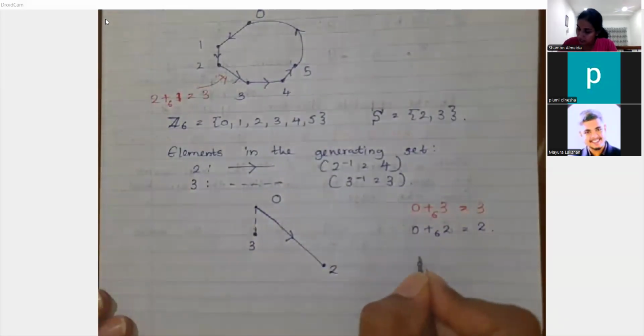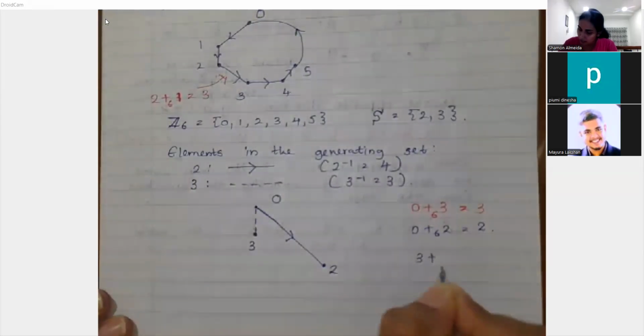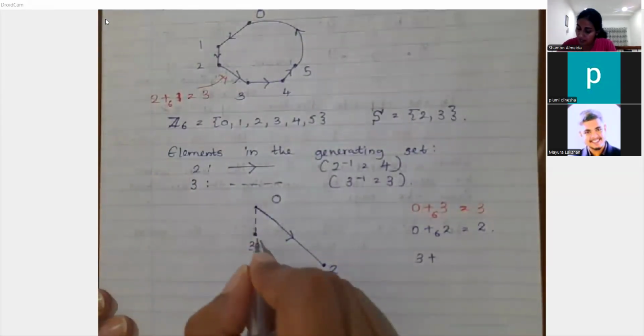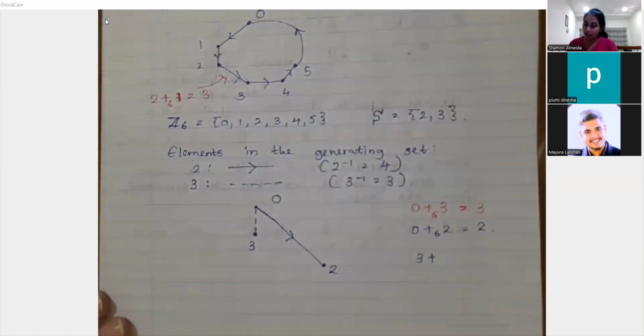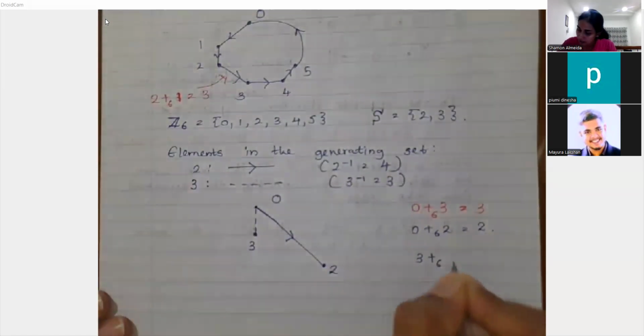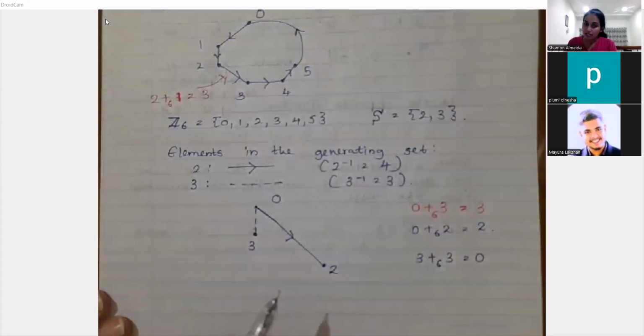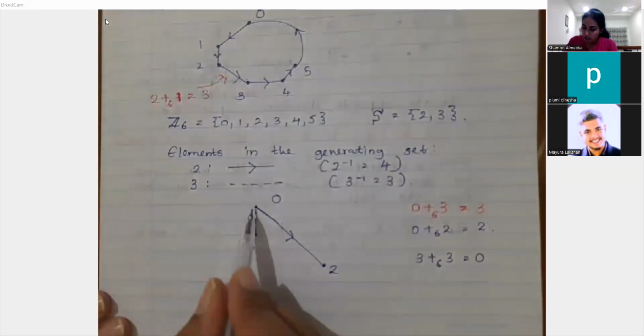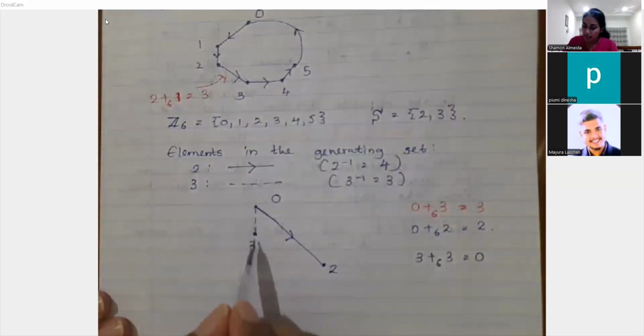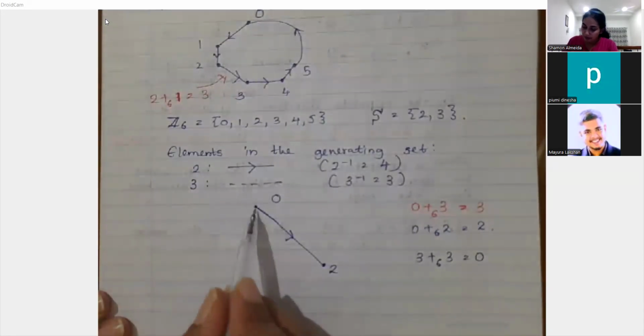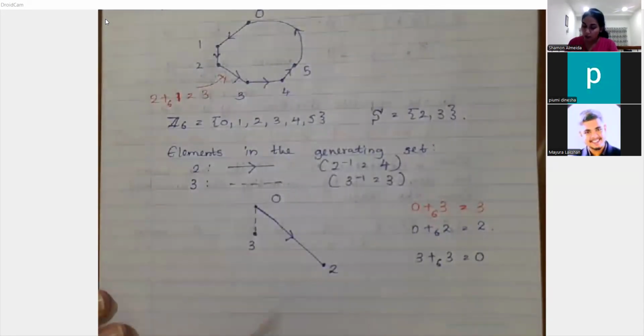Okay. Now let's go to 3. We want to see where the dash line goes from 3. Okay. 3 plus 3 gives you 0, which is exactly what we would expect. Why? The inverse of 3 is itself. So you only have this one line segment, right? This edge corresponds to the element and its inverse.